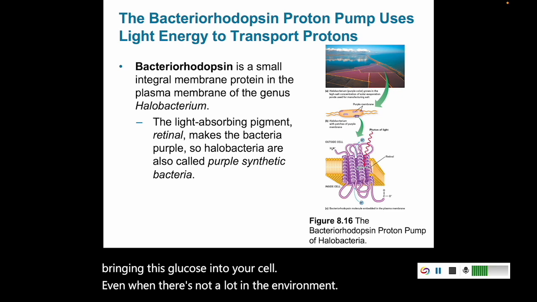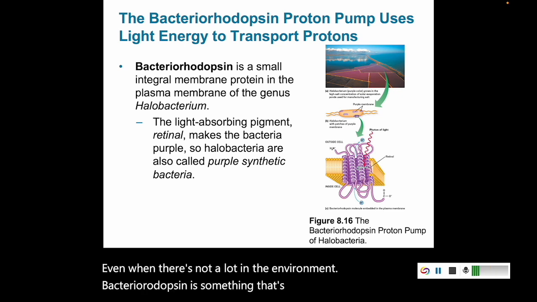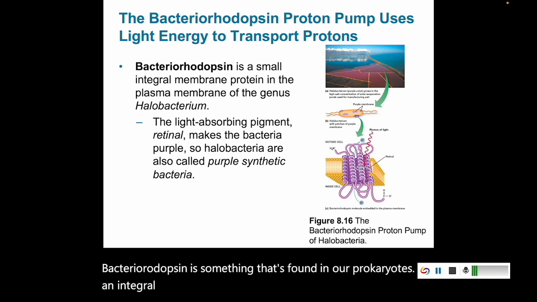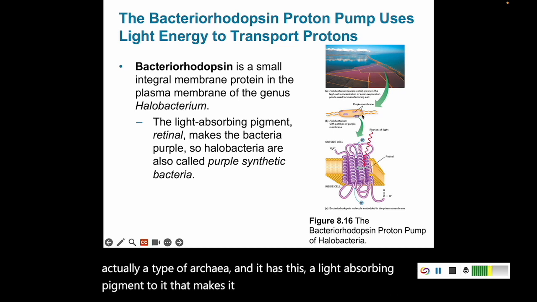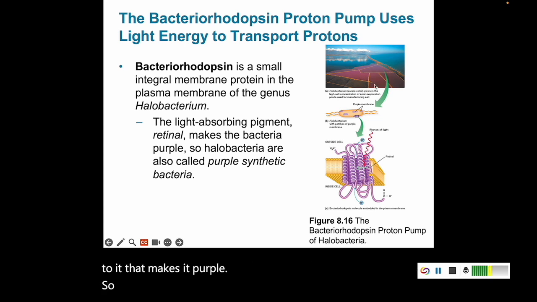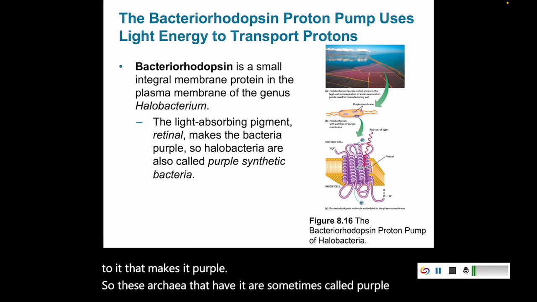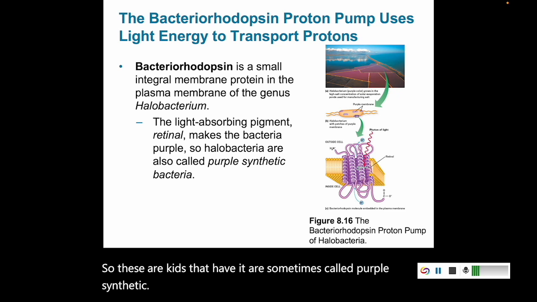Bacteriorhodopsin is something that's found in prokaryotes. It's an integral membrane protein within the halobacteria, which are actually a type of archaea. And it has a light-absorbing pigment to it that makes it purple. So these archaea that have it are sometimes called purple bacteria.